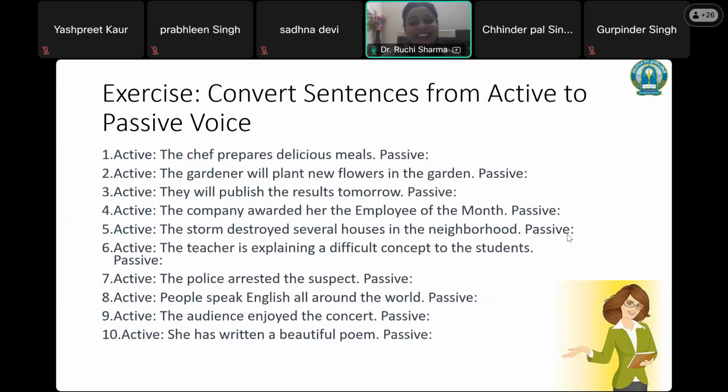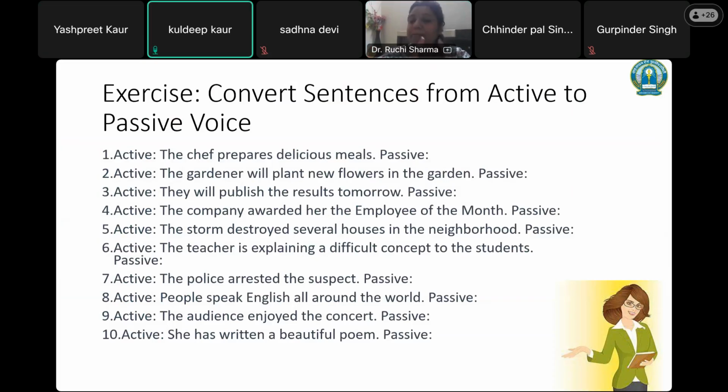The police arrested the suspect. Yes, correct, Preet. The suspect was arrested by the police.